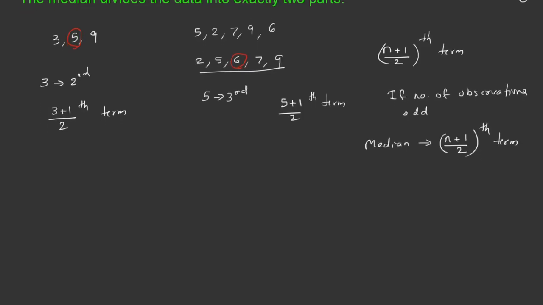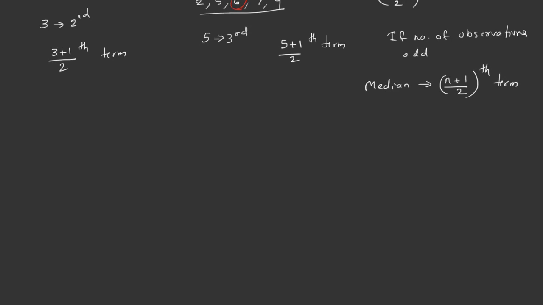What will be the median if the number of observations is even? That we are going to see now. Let's consider an observation with 4 data, simply 3, 5, 7 and 9. There is no exact middle term here. The middle term is in between 5 and 7, that is in between the second and third term.